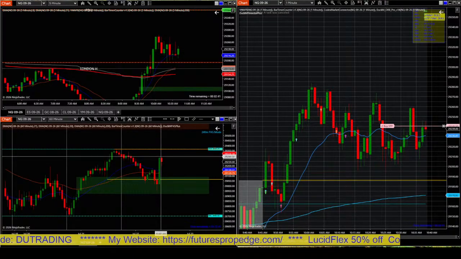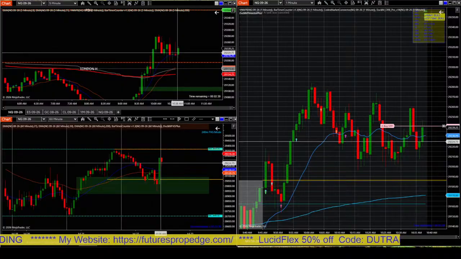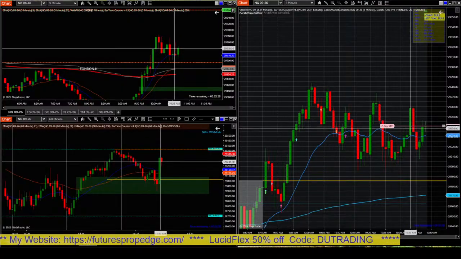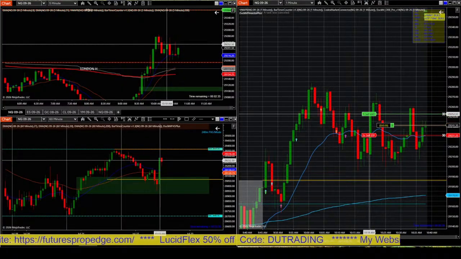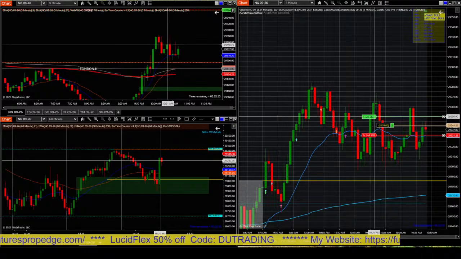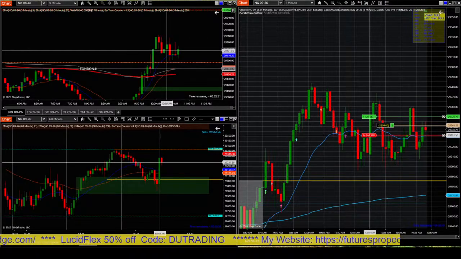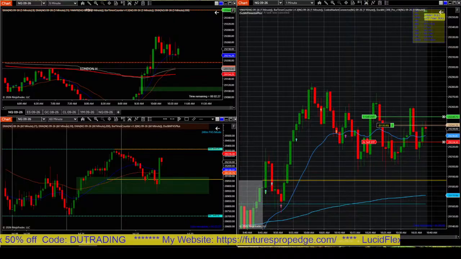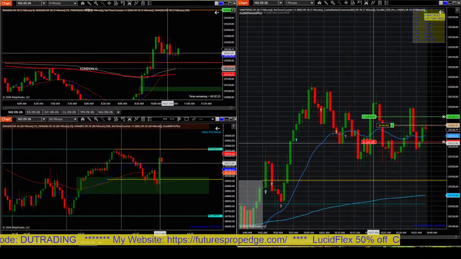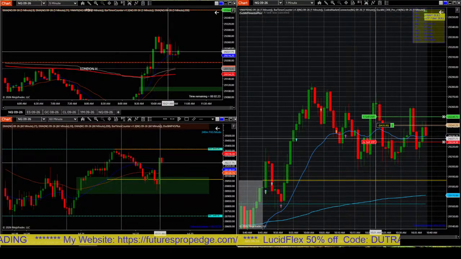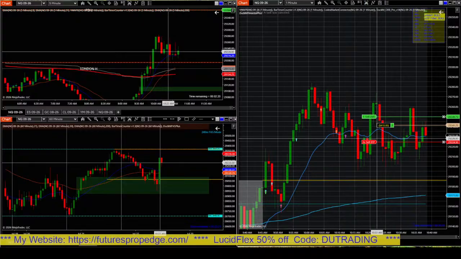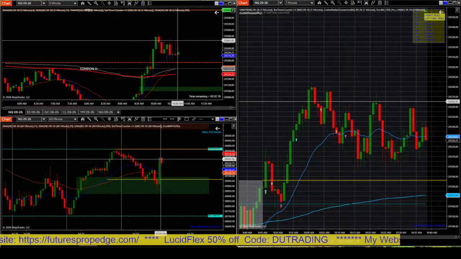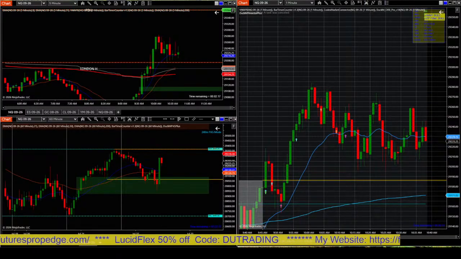Staying there for the next push above 40. Catch that. And I'm going to adjust my stop a little. Should be very good. Then we'll stay neutral.